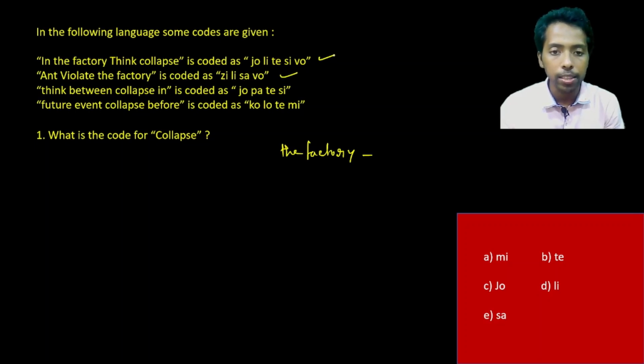From this and this, li and vo, we don't know which code is specifically set for whom, but the factory is li or vo in any combination.